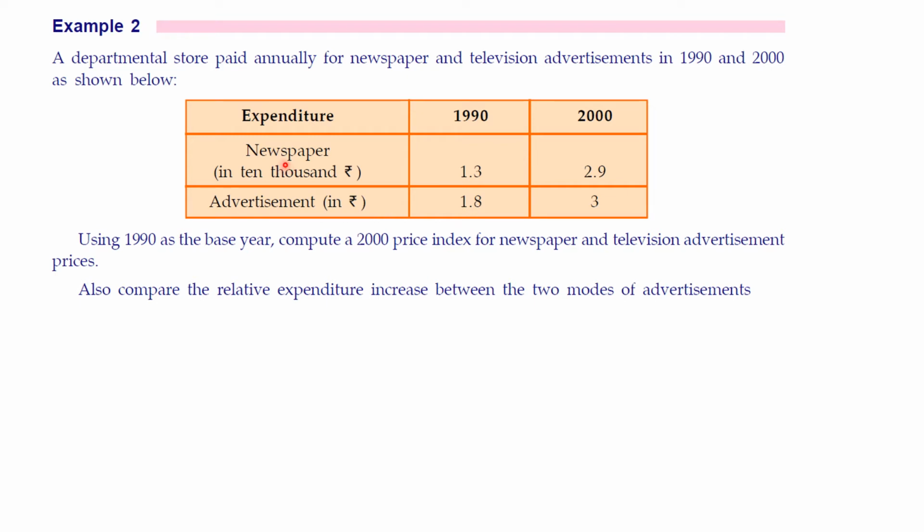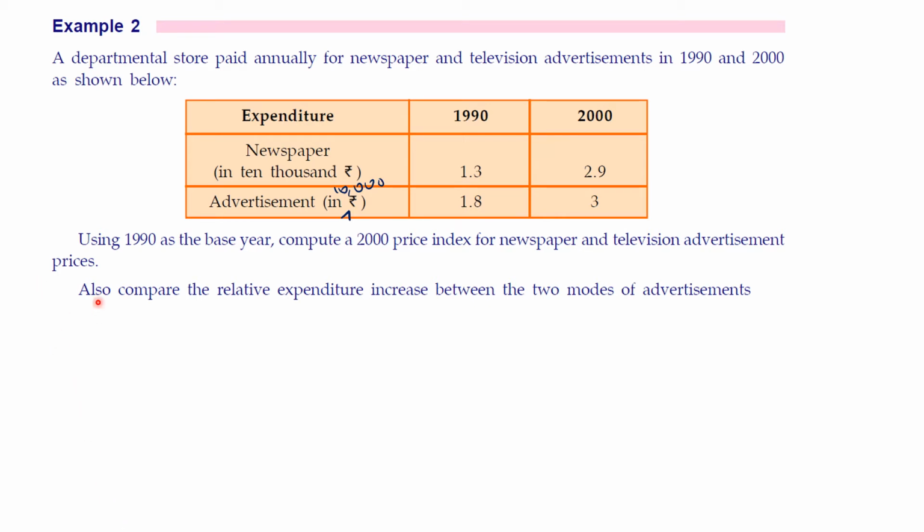The expenditure for newspaper is 1.3 in 1990, and for television advertisement it is 1.8 in 1990. And the expenditure for newspaper in 2000 is 2.9, and for advertisement it is 3. I think this should be in 10,000 rupees.